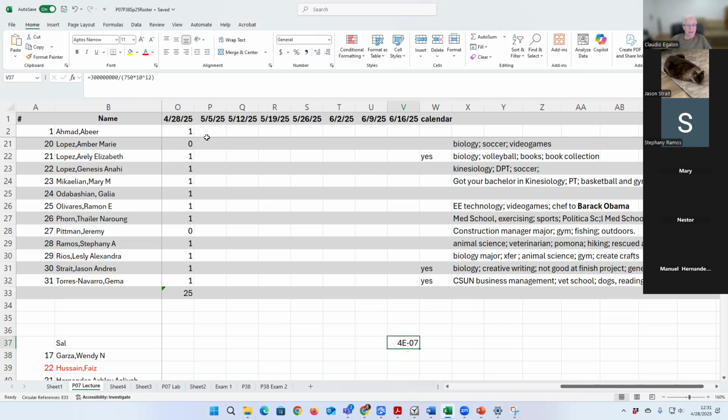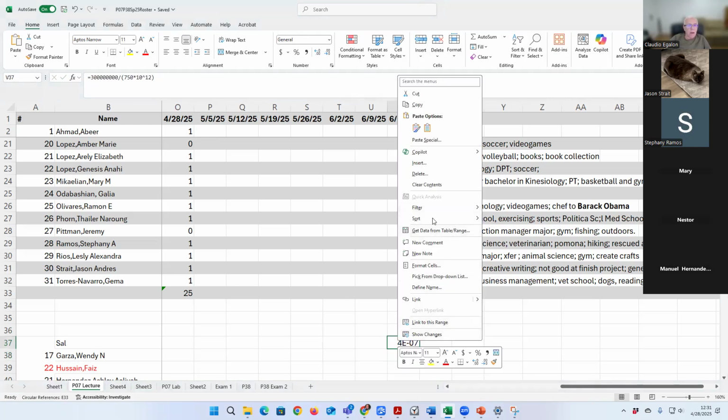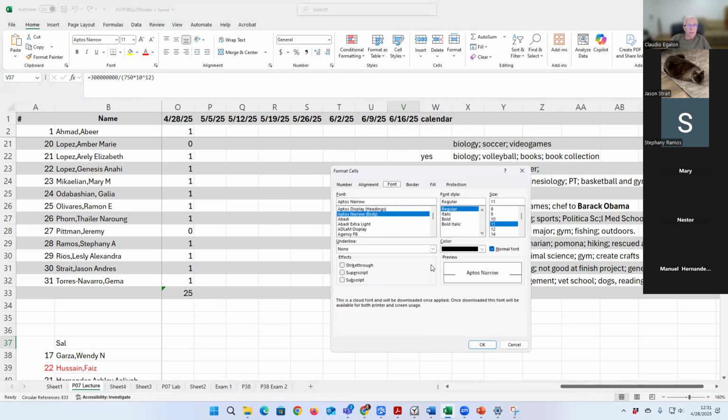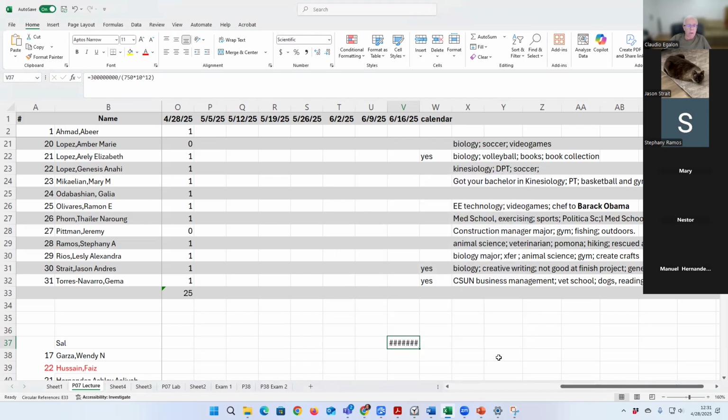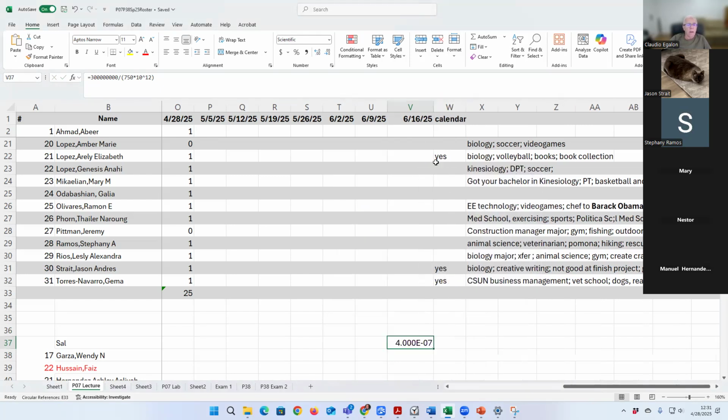Now I got it. 4 times 10. There's more format here. Font number. Scientific. This is actually 4. Okay. 4 times 10 to minus 7. 4 times 10 to minus 7 is 400 times 10 to minus 9, which is nanometer, okay?